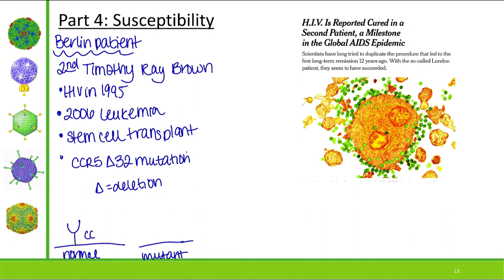So if this is what a normal typical CCR5 looks like, we've got our receptor here. So here's where the binding portion of the protein is. CCR5 delta 32 is missing 32 amino acids, and it's missing part of this portion on top here that would be recognized by HIV.